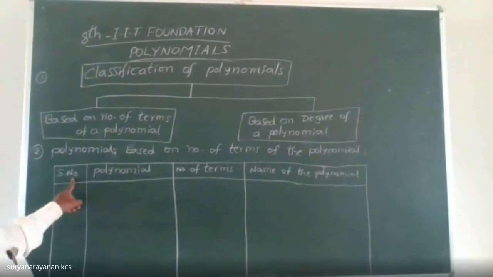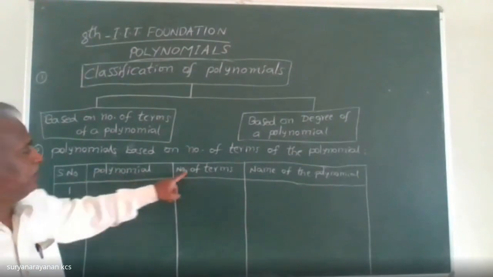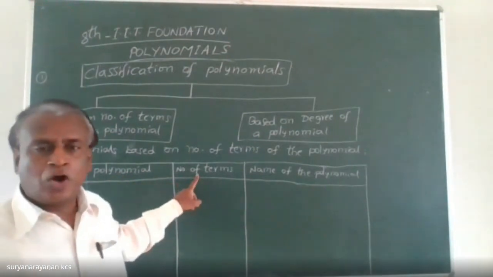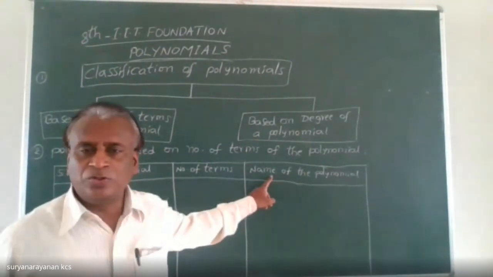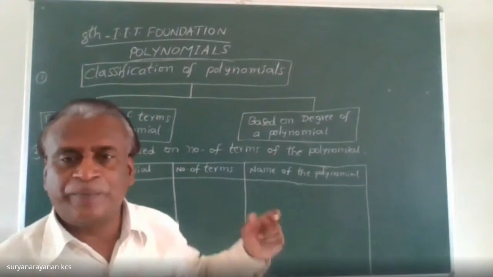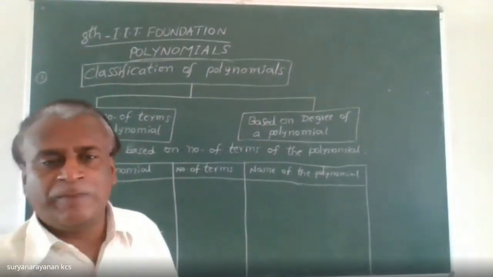Here, I wrote serial number, polynomial. We have to identify how many terms are there in the polynomial. According to the number of terms in the polynomial, we give the name of the polynomial.